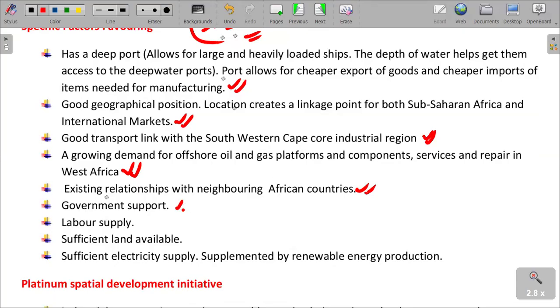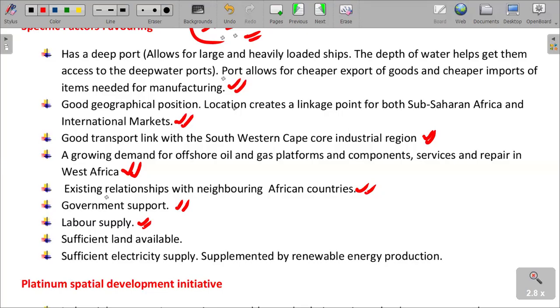Government support: the government provides the infrastructural support, all the necessary intervention and control mechanisms, even security and everything, which would enable the growth and survival of the businesses there. Labor supply: there is a good supply of labor in the region.